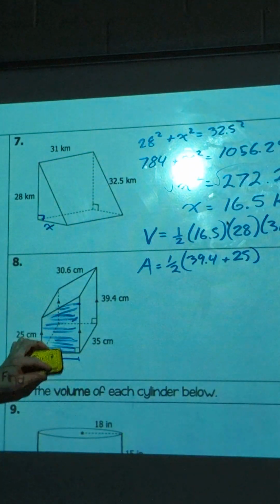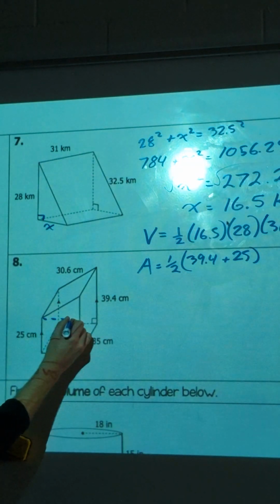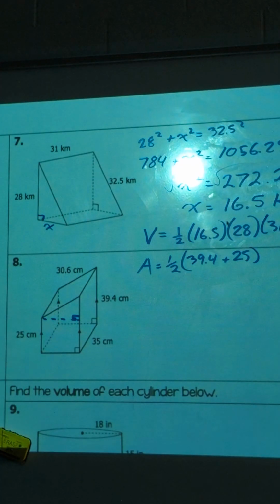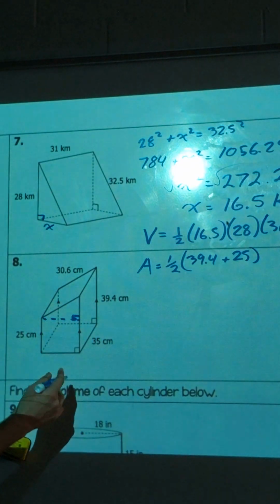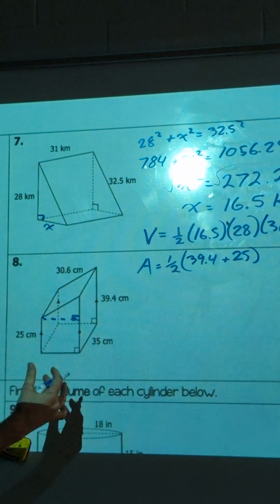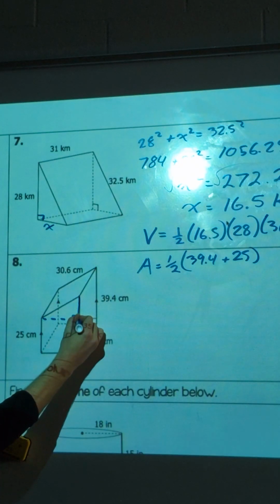I'm trying to get the height of this trapezoid. So notice I can make a right triangle there, and I'm trying to get this length. I know the diagonal, the hypotenuse, is 30.6. What would this distance here be?